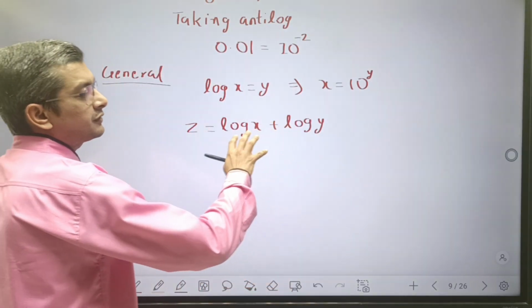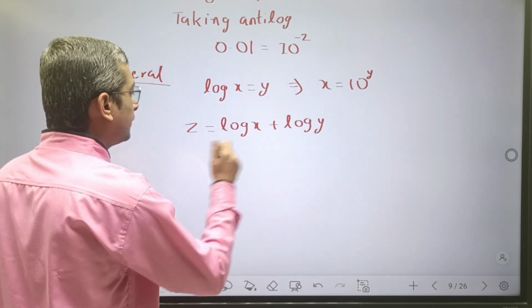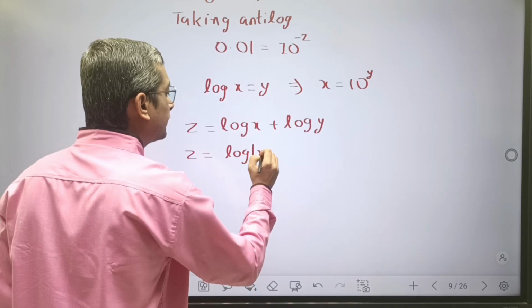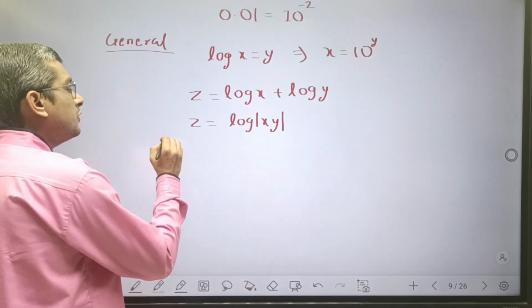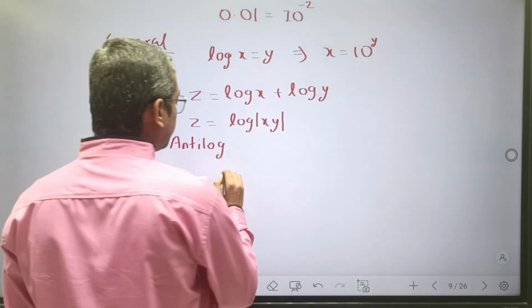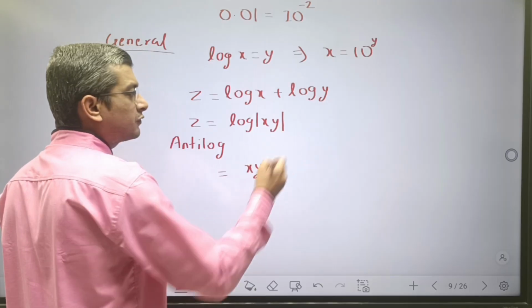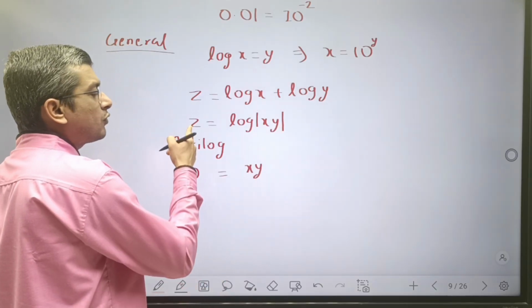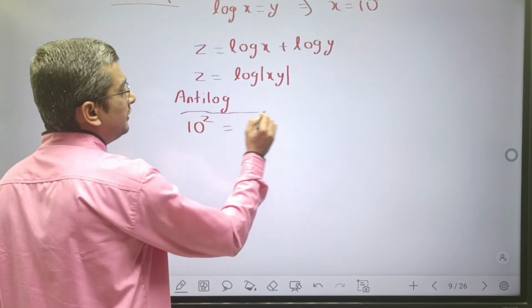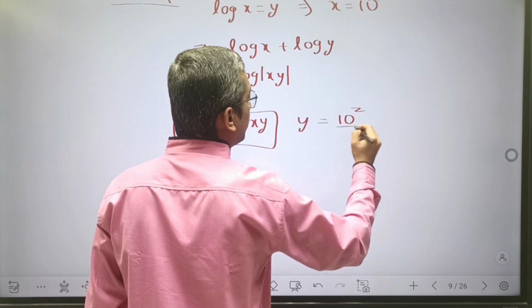First we have to convert this expression in such a way that the right hand side of the equation has only one log. Using the identity, log x plus log y can be written as log xy. Now if you use the anti-log, the log from the right hand side is removed, so we are left with xy, the base is 10, and whatever is on the left comes as the power. So 10 to the power z is equal to x into y, or y can be written as 10 to the power z divided by x.